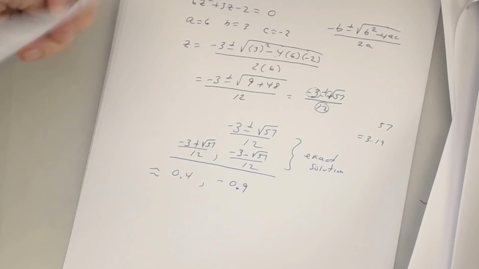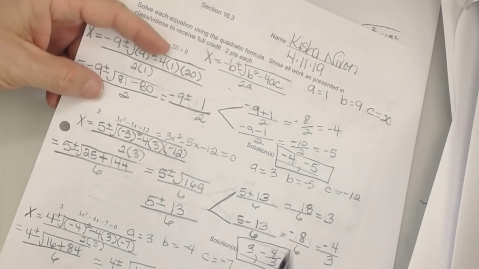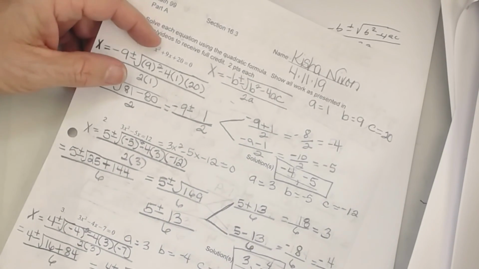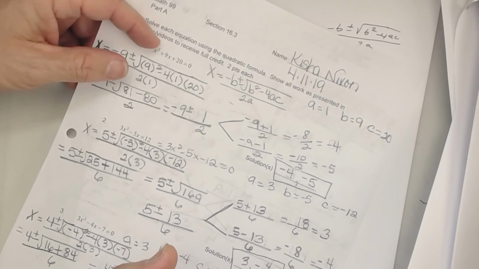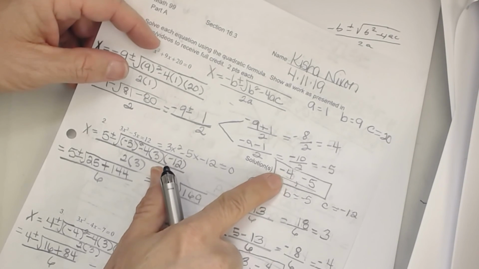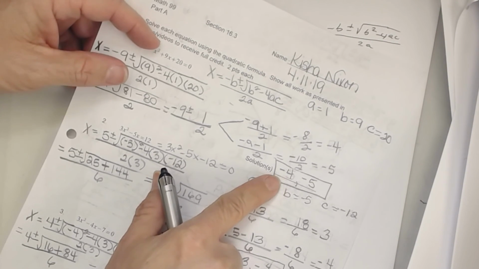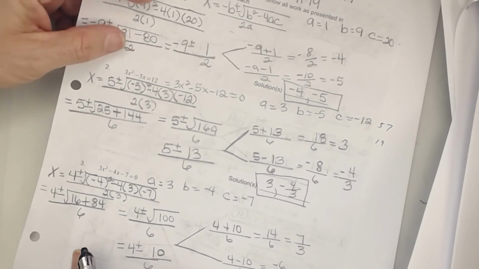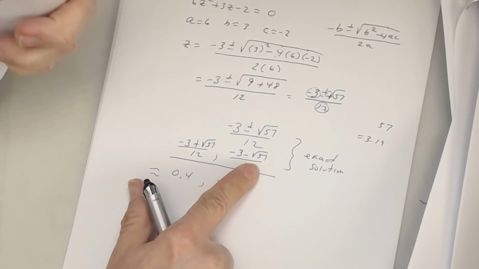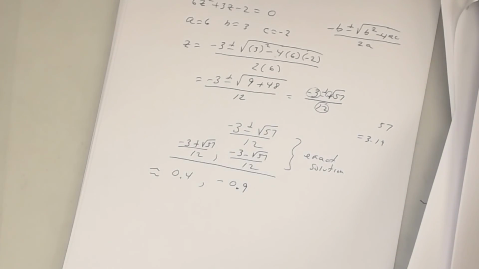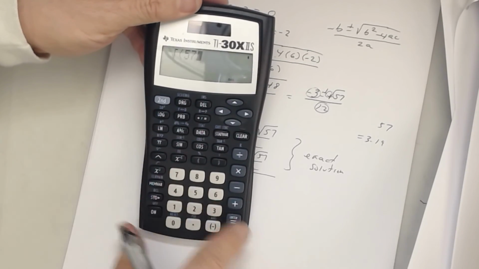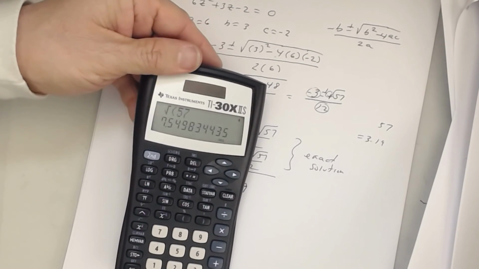Irrational. Okay. So a rational number is where you can write a number as a fraction where you have an integer divided by an integer. Like negative 4 is negative 4 over 1. Those are integers. 7/3, 7 is an integer, 3 is an integer. But square root of 57 is not an integer. If you approximate it, look, square root of 57, is that an integer?